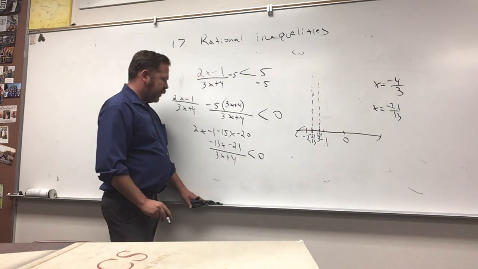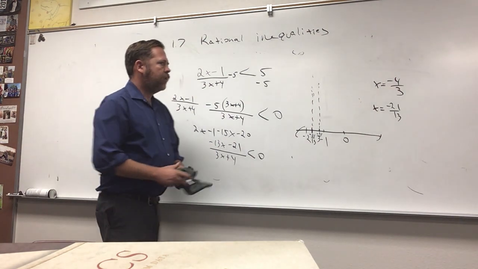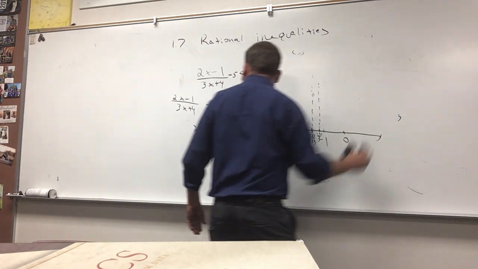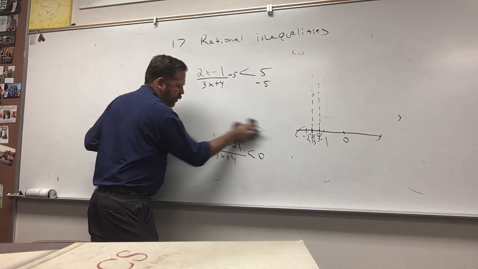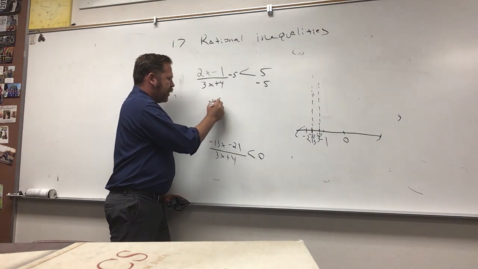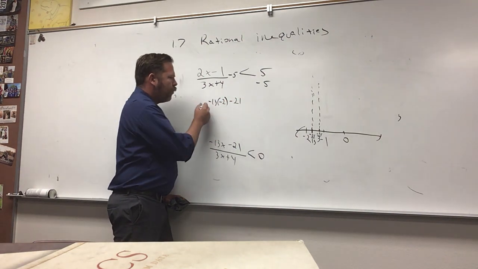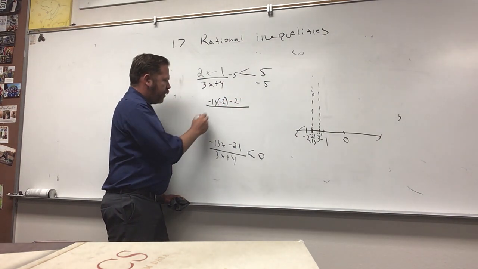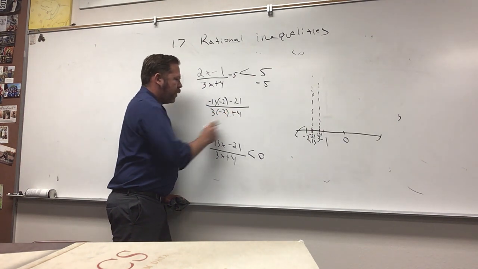That's nice and easy. Negative 2, if I put it in here, let me erase some of this. If I put in negative 2, I would have negative 13 times negative 2 minus 21 over 3 times negative 2 plus 4.